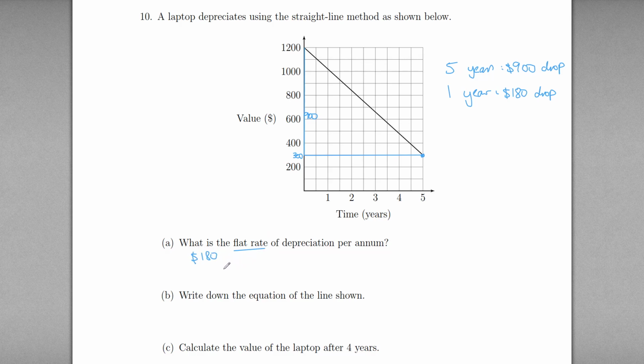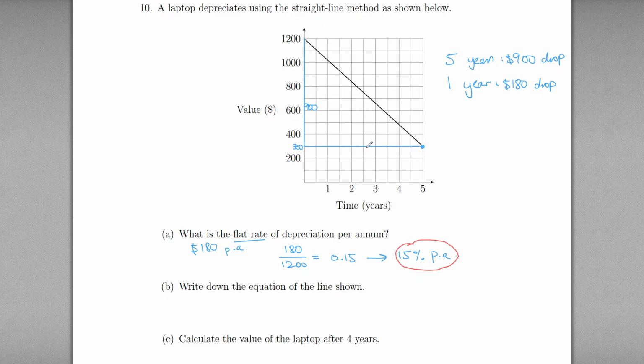Again, we want percentage, so it's $180 per annum, but I need to think of this 180 as a percentage of the initial amount, so 1/200. Okay, so 180 divided by 1/200, I'm getting 0.15, which means it's 15% per annum. Okay, so that's my final answer there.